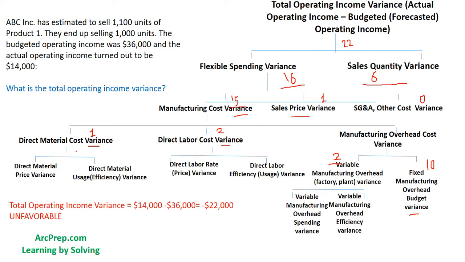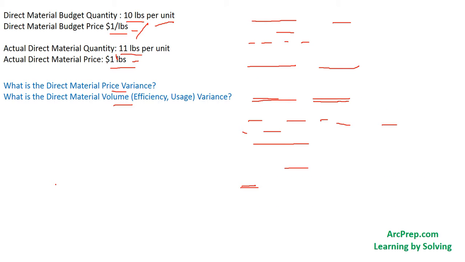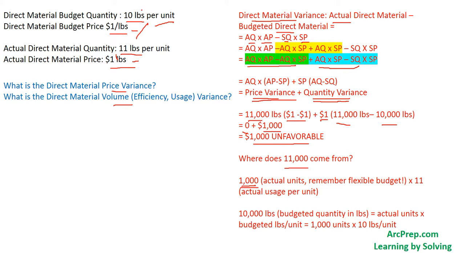So when we come here, we are going to calculate actual quantity in terms of units, but there is going to be a standard quantity per unit. And in that case, standard quantity per unit for direct material was 10 pounds. In fact, we started spending 11 pounds per unit, and hence there is $1,000 unfavorable. And the 10,000 budgeted quantity is how it's calculated.